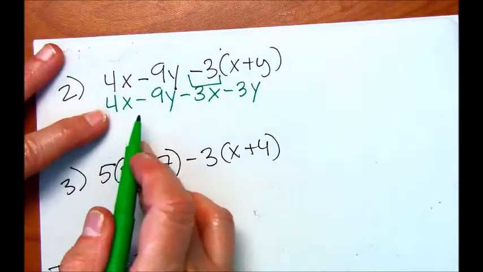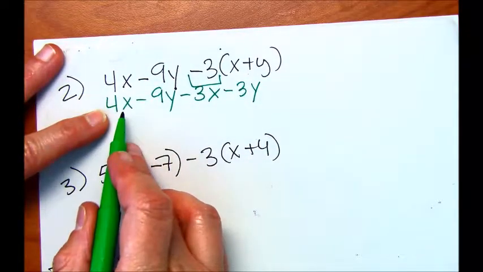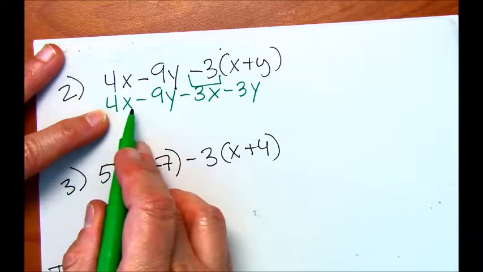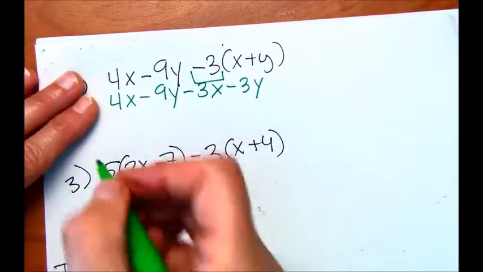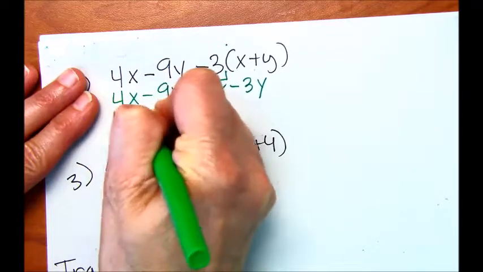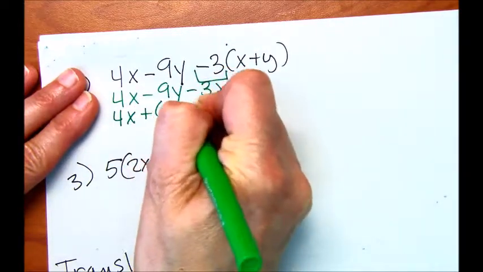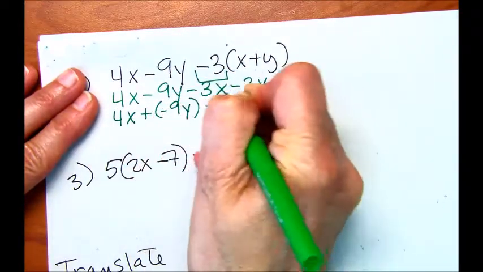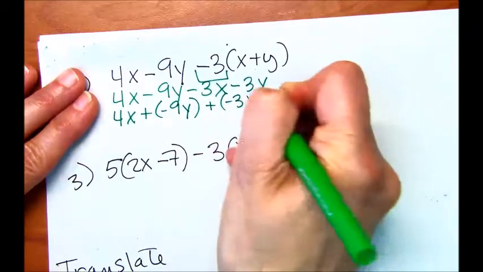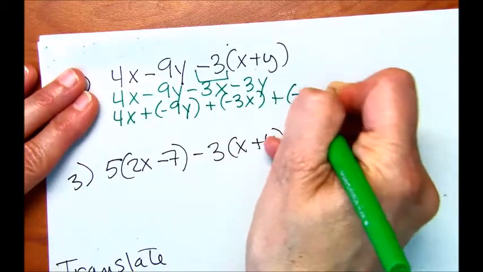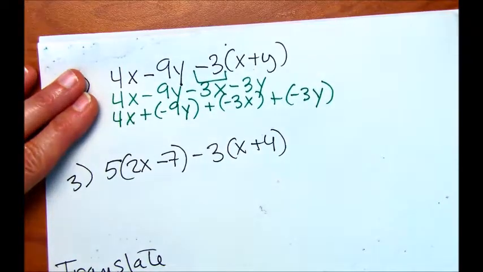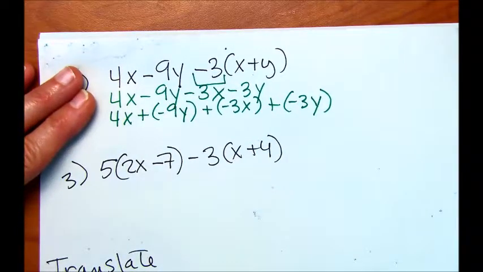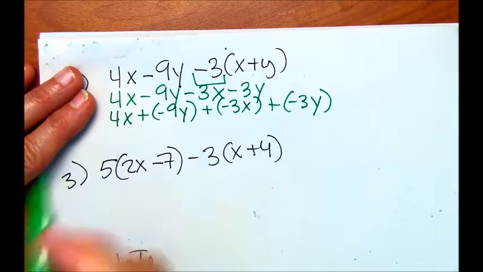Now I'm going to go ahead and change all of this to addition. So 4x plus negative 9y plus negative 3x plus negative 3y. And now notice I have x's and y's.